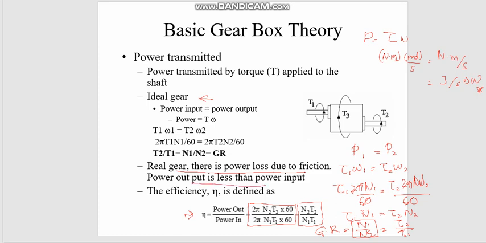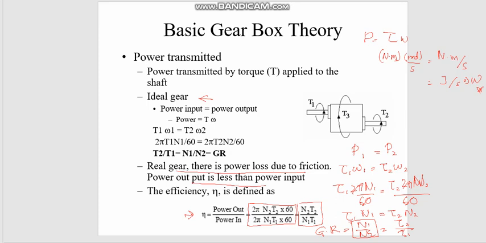That's why, let's say for example, your car is running and the transmission is turning. If you put your hand on the transmission box, you can feel heat. So that indicates there's power lost due to friction, and that friction turns into heat.